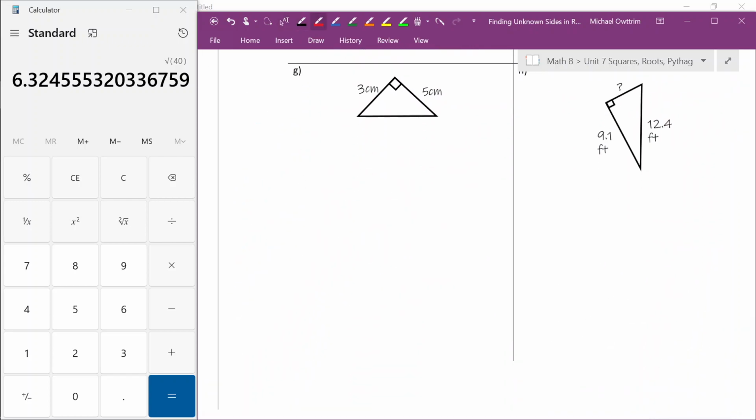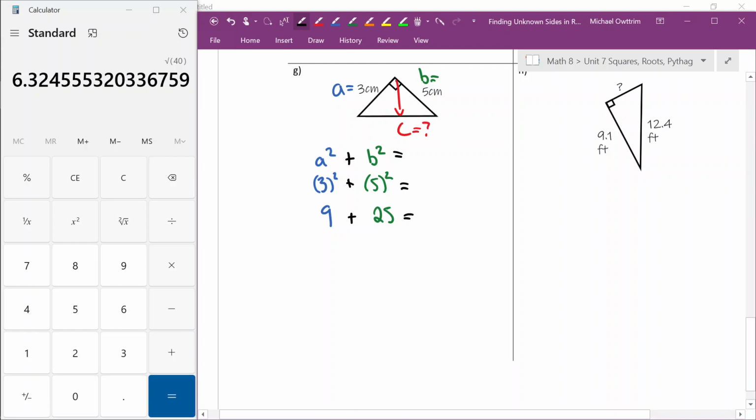Last couple here, again, I'm going to start by labeling my triangle. So side C in this question is unknown. I'm going to label my A and my B. Let's fill in our equation. Our A squared is going to be 3 squared, which is 9 in this question, plus our B squared is going to be 5 squared, which is 25.